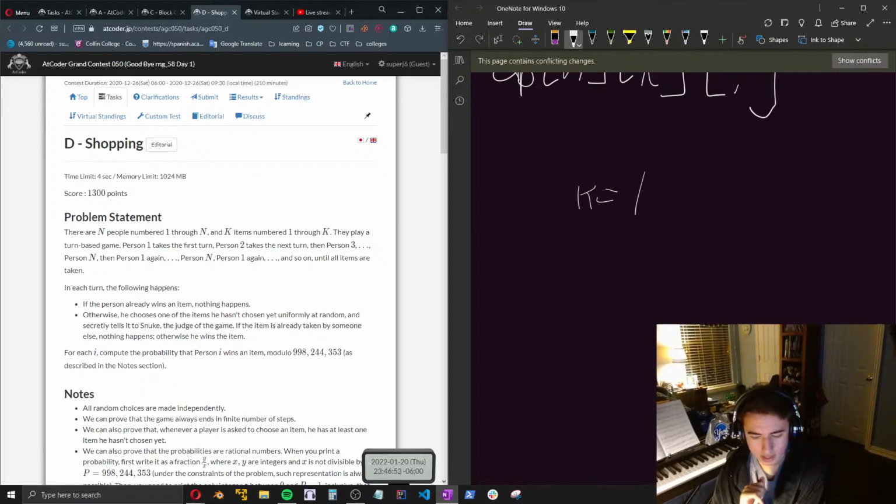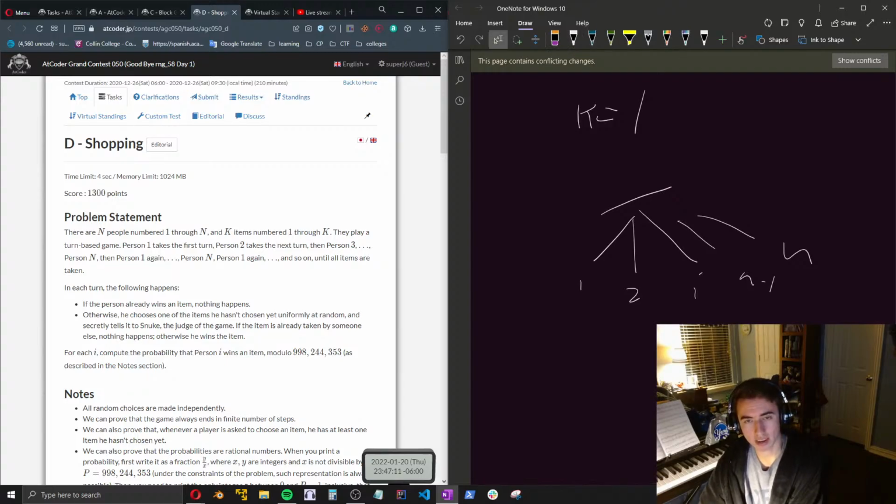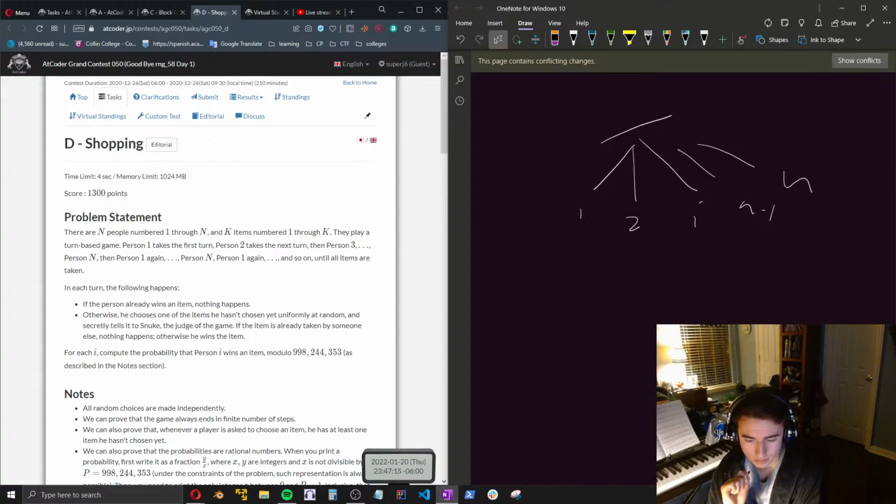If there's a single item and we have n people trying to get it, and we are the ith person, what's the probability that I ends up getting it? Think about how many cycles there will be where everybody misses it.